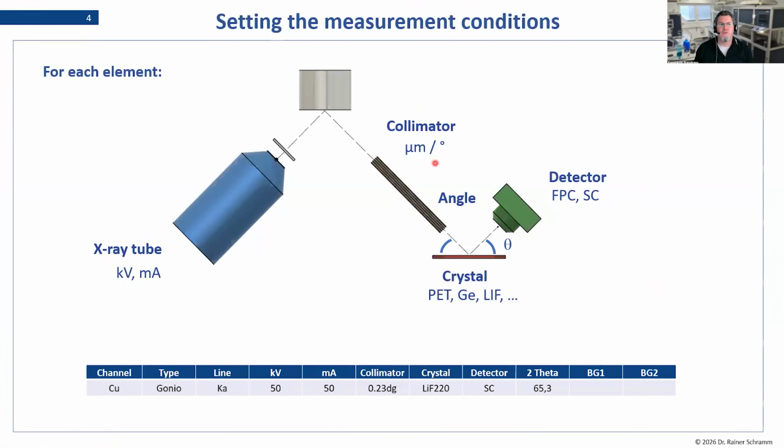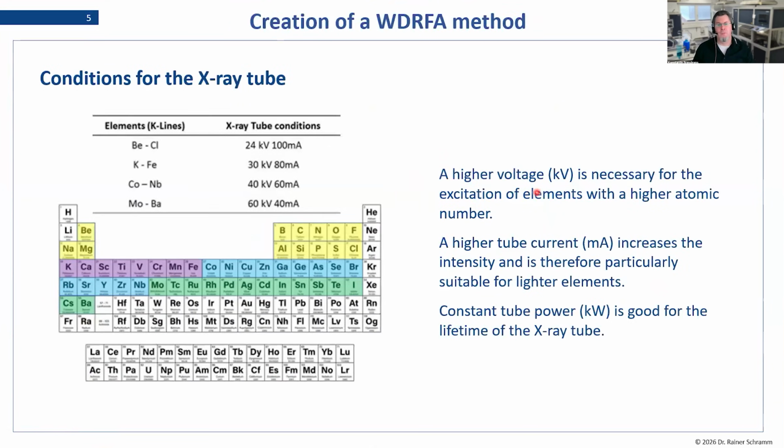And for each of the elements or analytes, we have to decide on the collimator, the crystal, and the analytical angle, obviously, and then the detector. So this is something we need to set up for each element in order to have a good performing analytical method. And the software that you are using, each one of them usually comes with a preset, let's say.